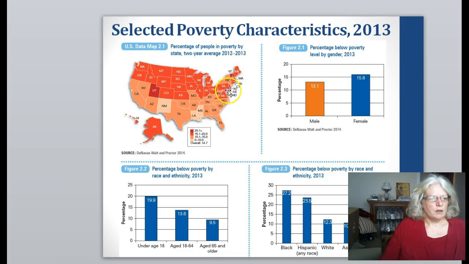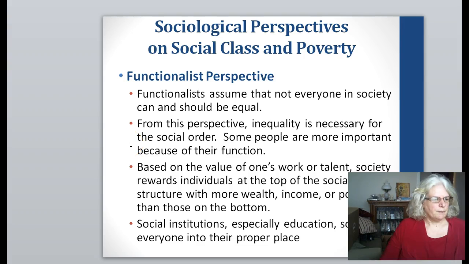Let me again look at this chart as you see here, and you see the numbers, those high numbers that go across that. So let's look at the perspectives that come into place.